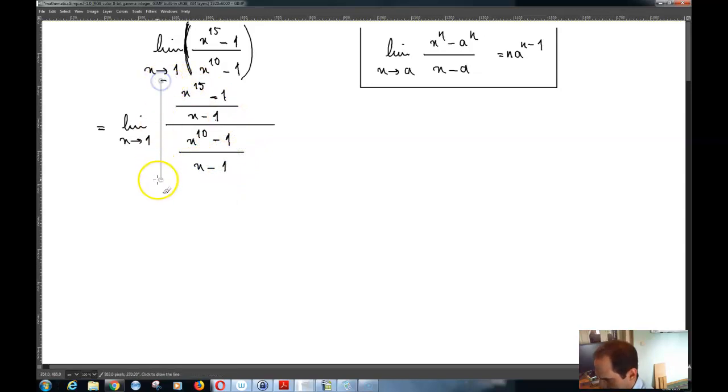So that is basically what I want to find the limit of. And since I have divided both the numerator and denominator by the same factor, I've not changed the expression itself.